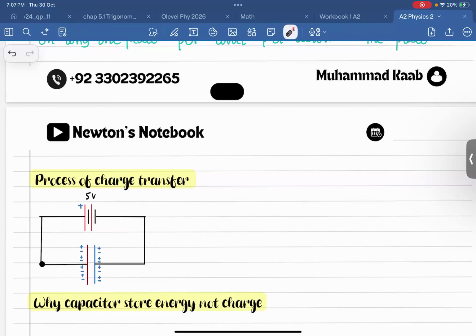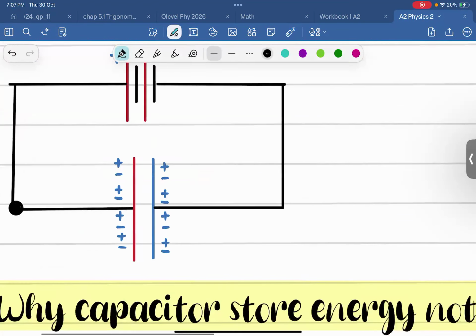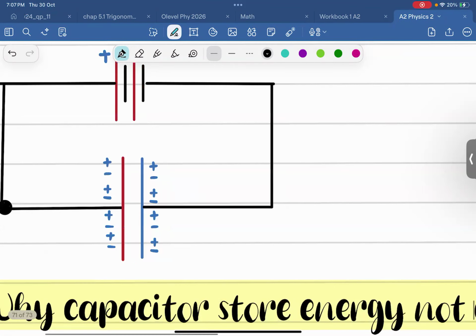Okay, just try to understand. Initially, if we look at the plates, both plates will have an equal amount of positive and negative charge, which we know as neutral plates. Initially both don't have any charge, right?